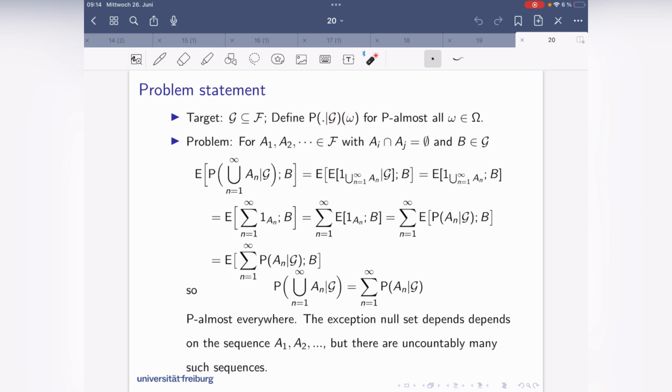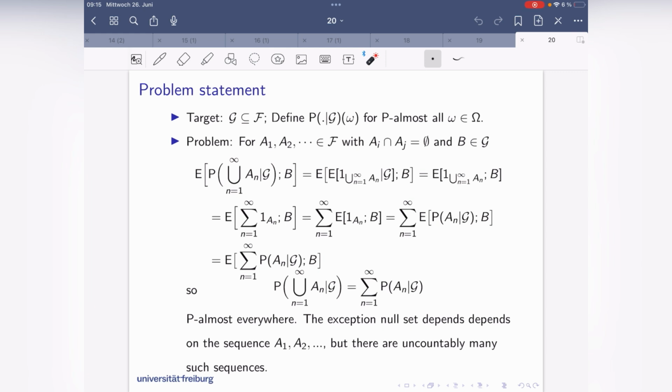And I would like to have that for at least almost all of these omegas, that's a proper probability distribution in the first variable here. And you might think that that's already okay, but the problem are these null sets which I have here because I have defined this also only apart from some null set.